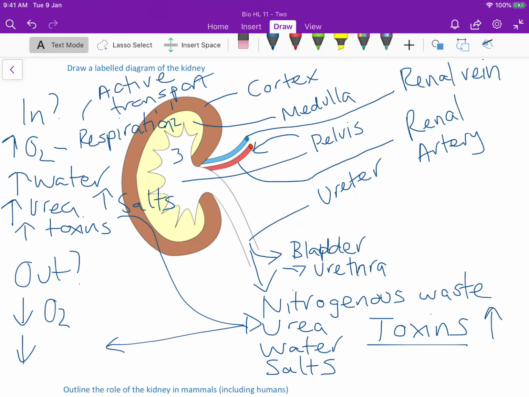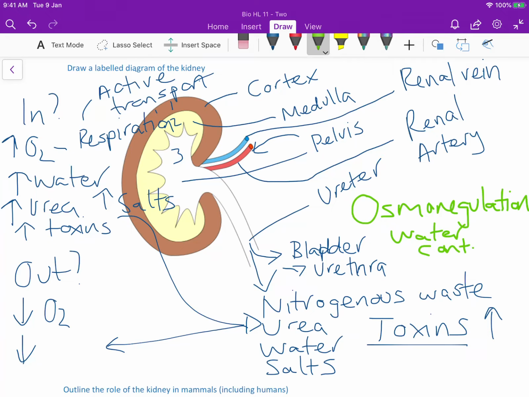And so by doing this, the kidney is achieving osmoregulation. It is regulating water content. And because it's removing water, it's going to regulate the solute content, the osmolarity.